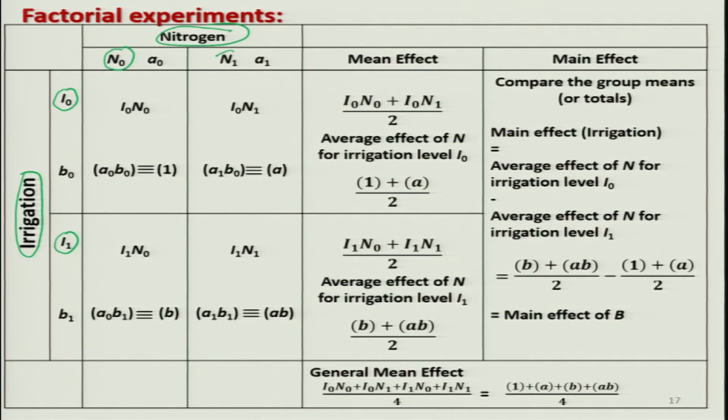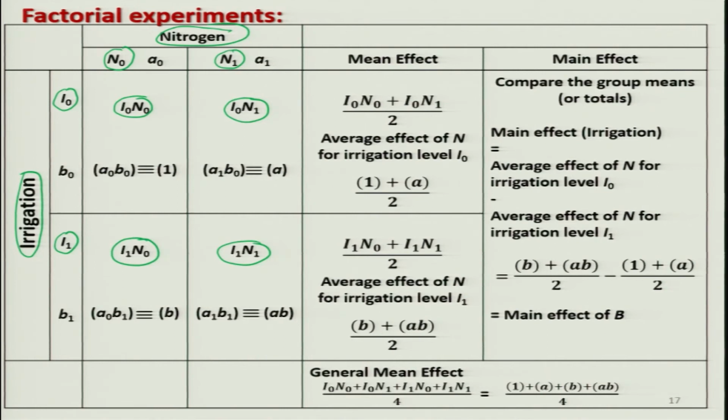Now, we try to conduct an experiment and we use the level I0 N0 in this plot and I0 N1 in this plot, I1 N0 in this plot and I1 N1 in this plot, and then we obtain the outcome.